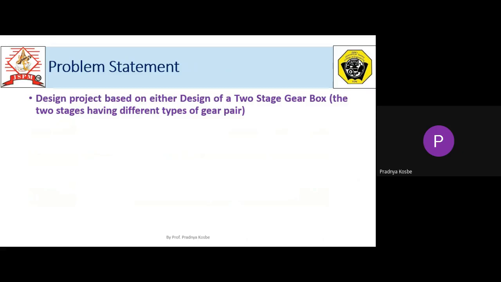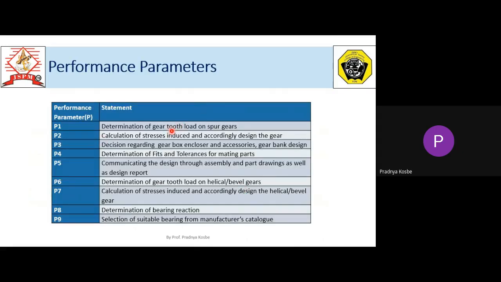Now this whole project is distributed showing the performance parameters. On these performance parameters, marks will be given according to your performance. So what are the performance parameters? Their statements are given over here.